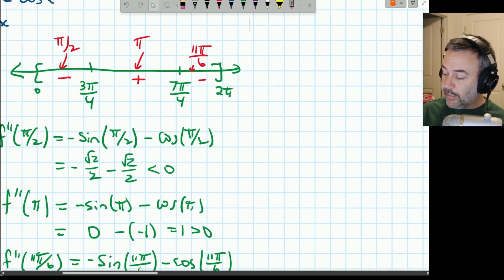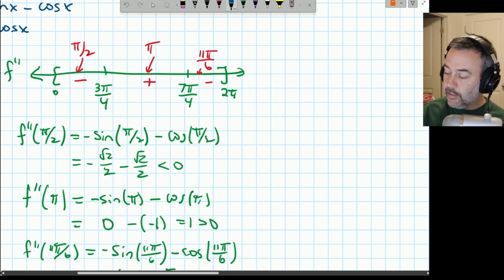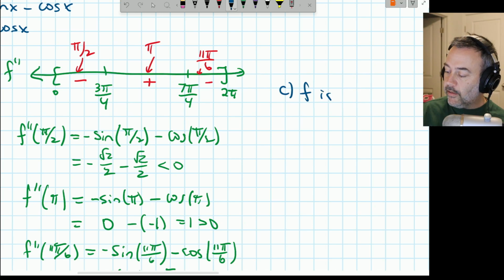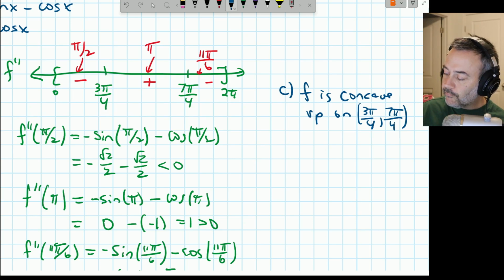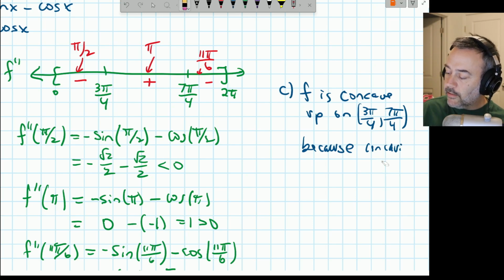So what would be our answer? Let's just squeeze our answer in over here. So for part C, f is concave up on the interval from 3 pi over 4 to 7 pi over 4 because concavity switches, that's the reason.